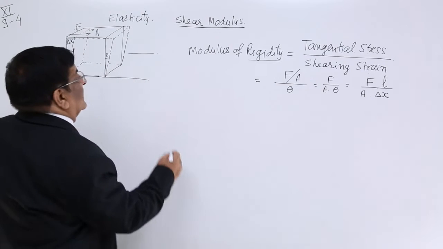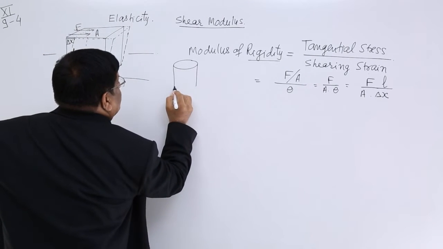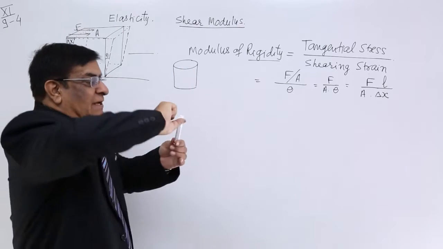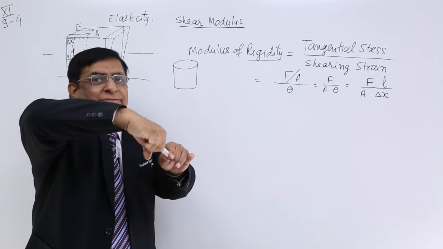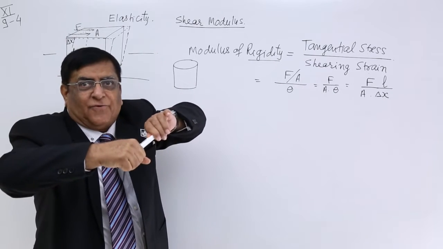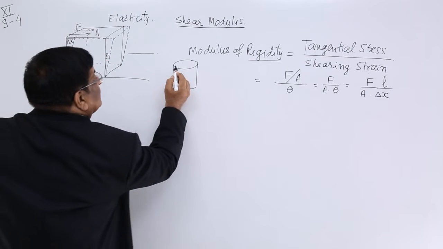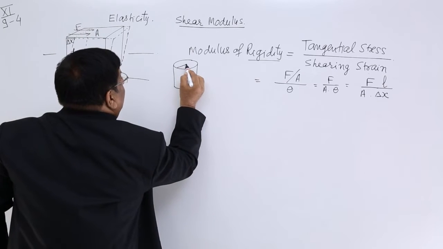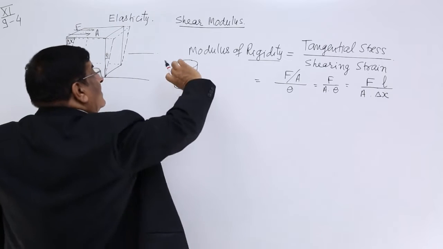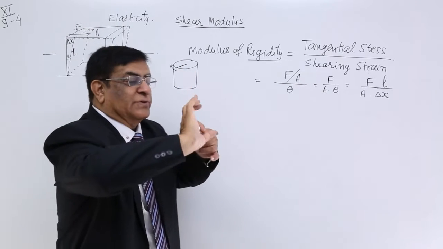In the case of a cylinder, I apply a force here and bend it. This will be a bending deformation and there will be a force developed in it. This was the original radius. How am I applying the force?